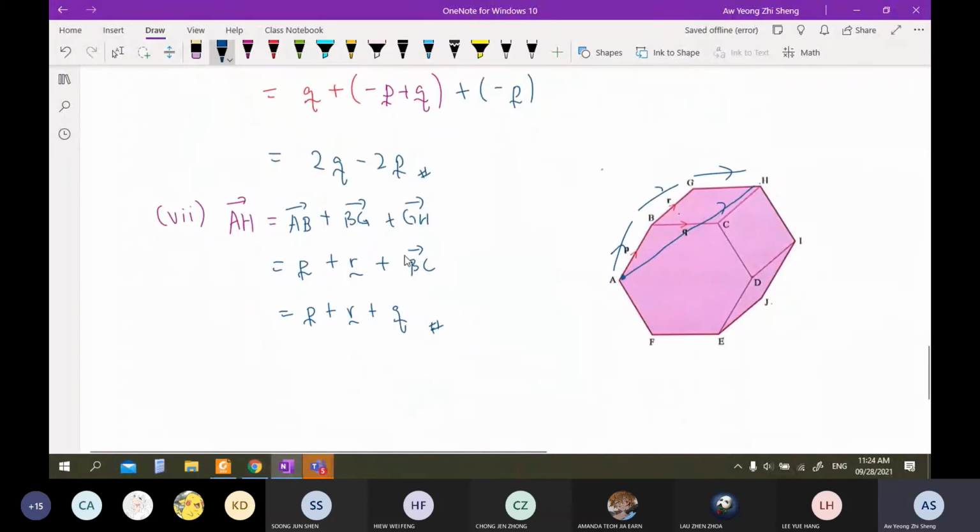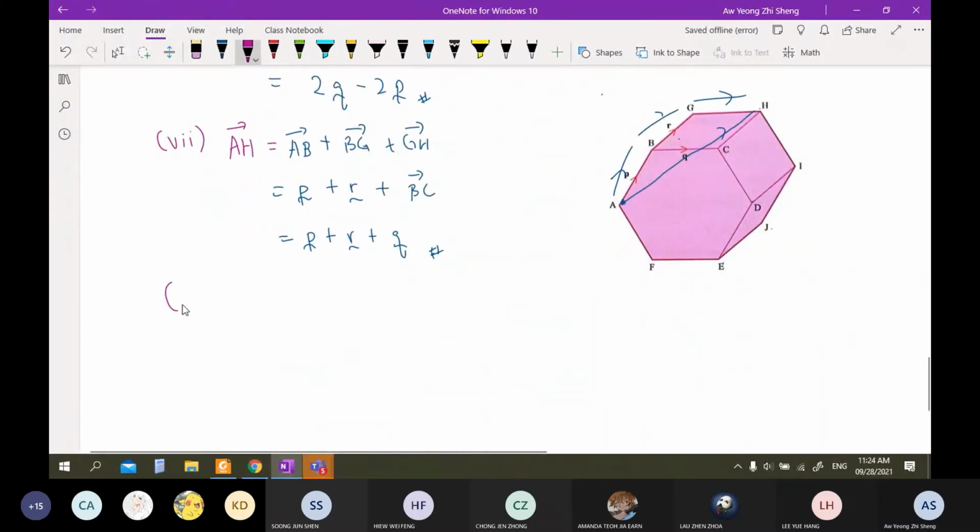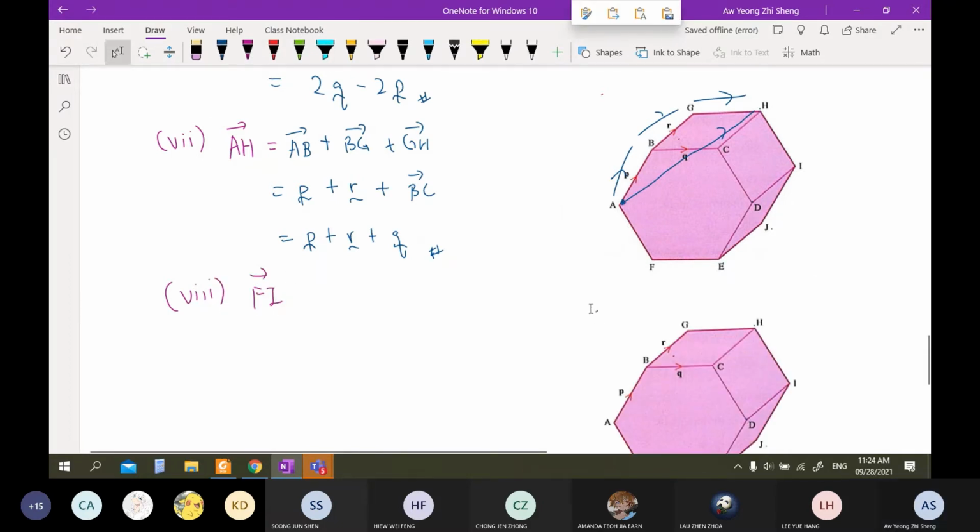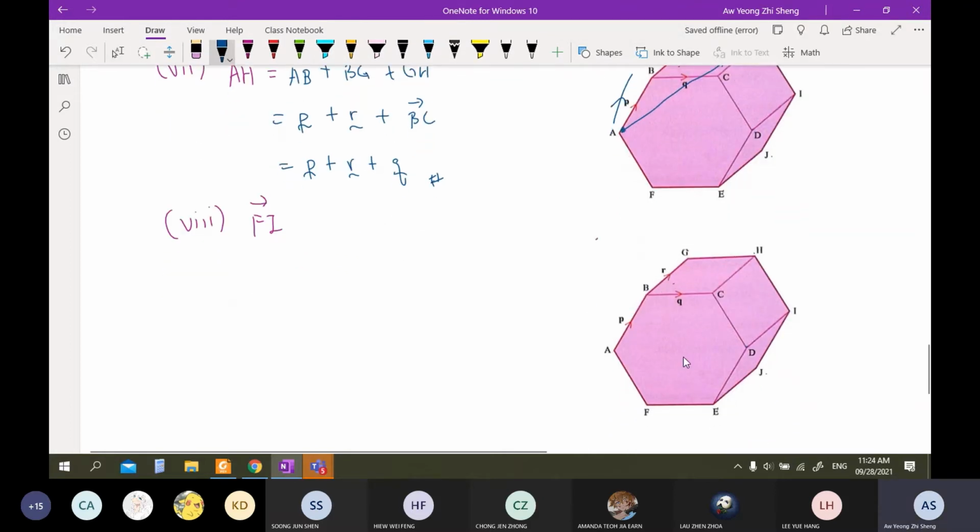And finally, FI. Referring to the last diagram down there, where is FI? It is this diagonal that passes through the interior of the shape. Let's find the path that is convenient.